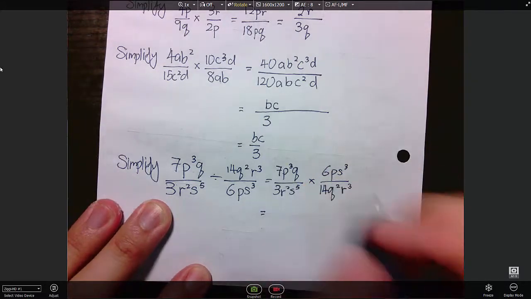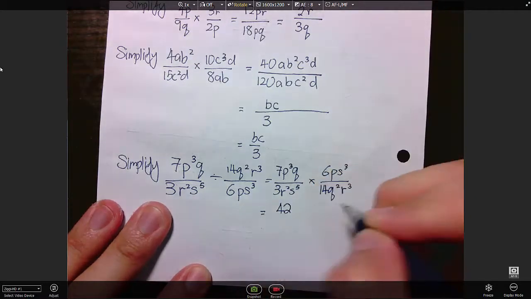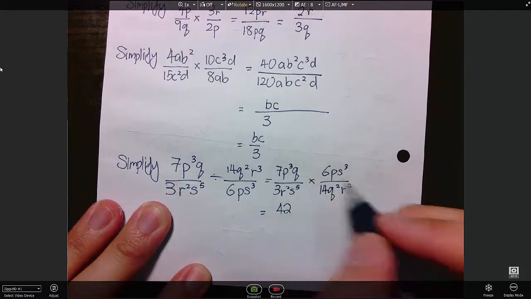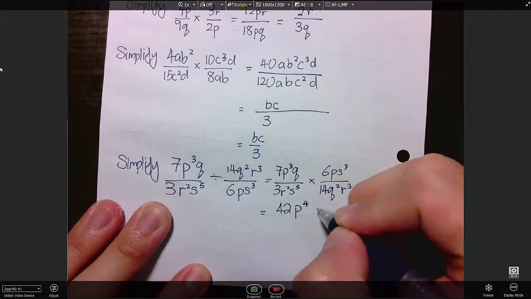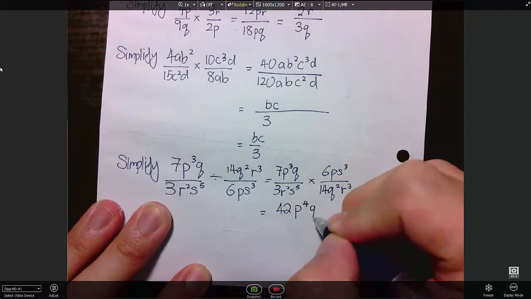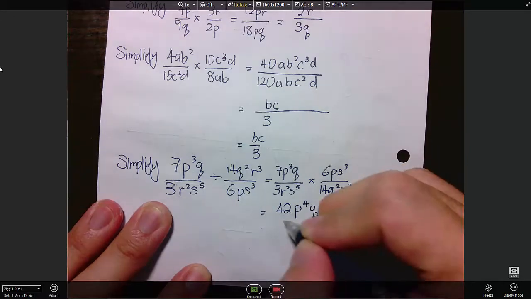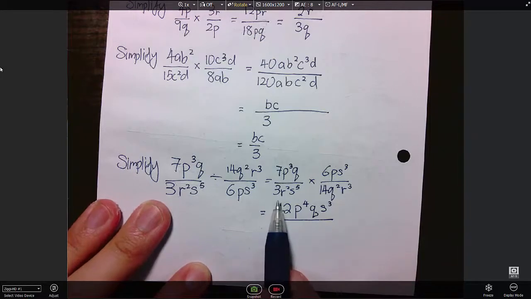I settle my numerator first. 7 times 6 is 42. p cubed times p: 3 p's and 1 p gives me p to the power of 4. There's only one q up there, and there's s cubed in my numerator. My numerator is settled.